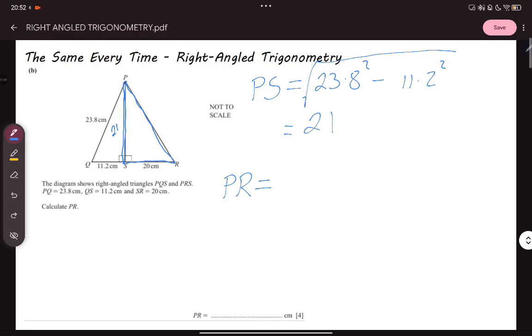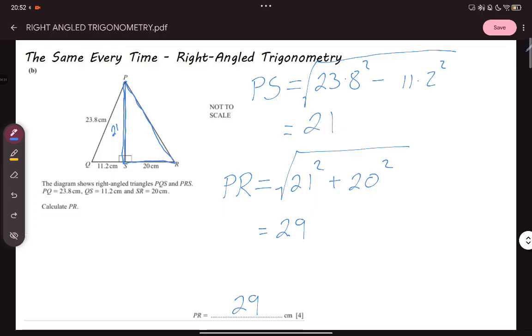So using Pythagoras theorem to find the longest side, it's going to be square, square, add, square root. Calculator job for this one, 21 squared plus 20 squared inside a square root sign. And again, that gives me a nice whole number. So they've been quite nice to us with this question, haven't they? So 29. So P to R is 29 centimeters.